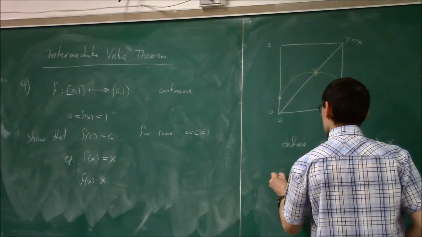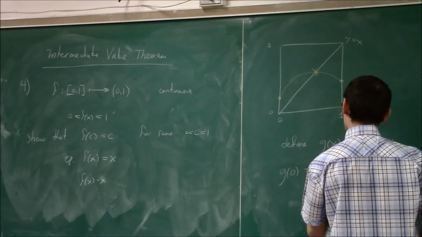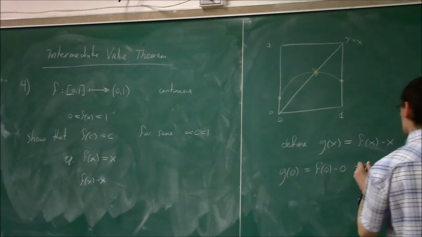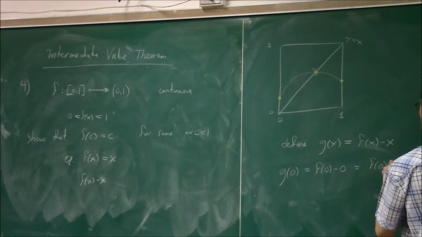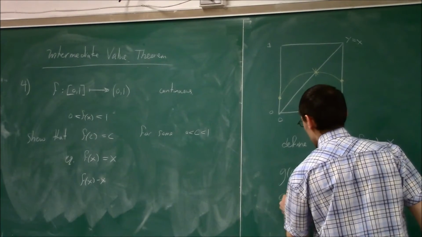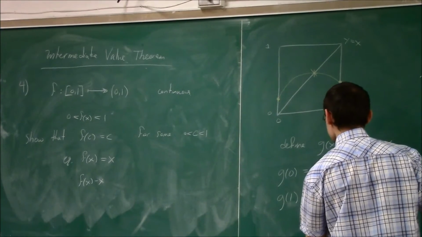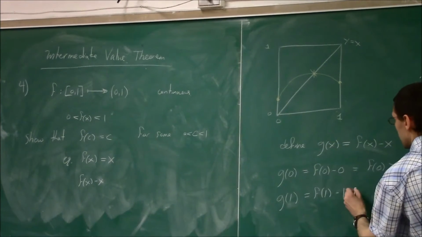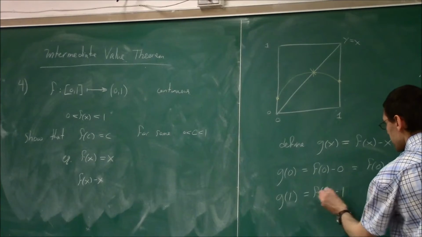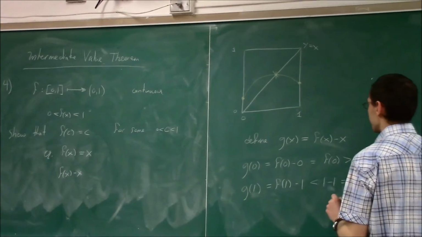Now, we know that g of 0 is equal to f of 0 minus 0, which is simply f of 0, which is bigger than 0. On the other hand, we know that g of 1, which is equal to f of 1 minus 1, is smaller than 1 minus 1, which is equal to 0.